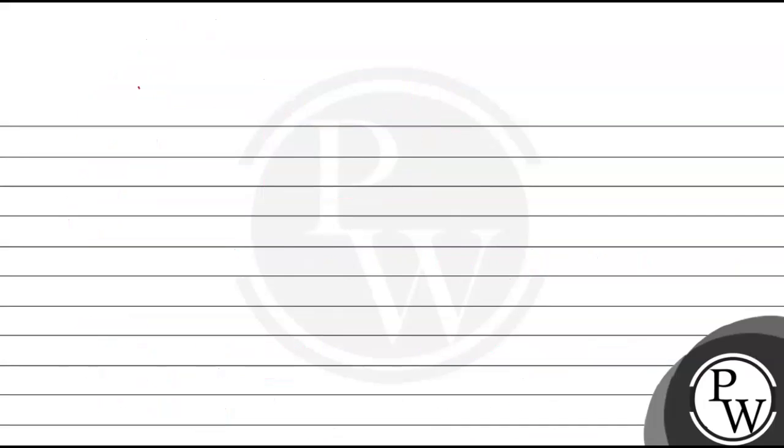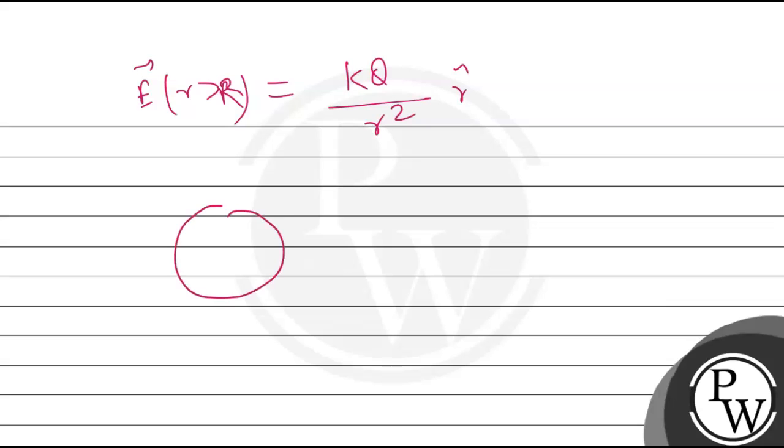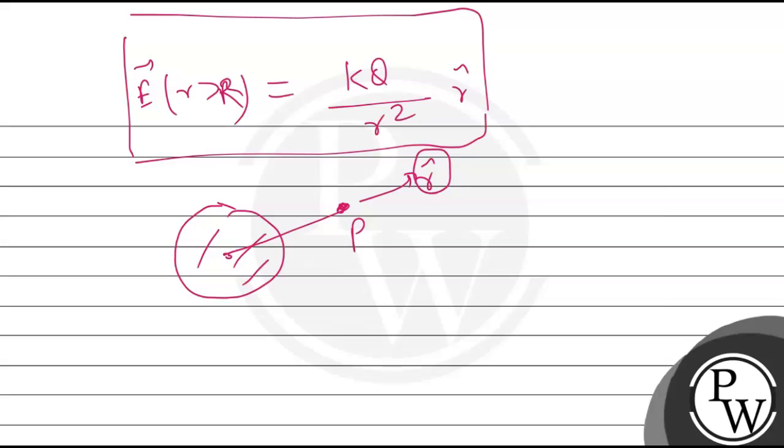So the electric field due to the sphere at r greater than the radius can be written as kQ upon r square, r cap. What is r cap? If this is the sphere and we need to find the electric field at point P, then this will be the direction of the electric field, that is the r cap direction.